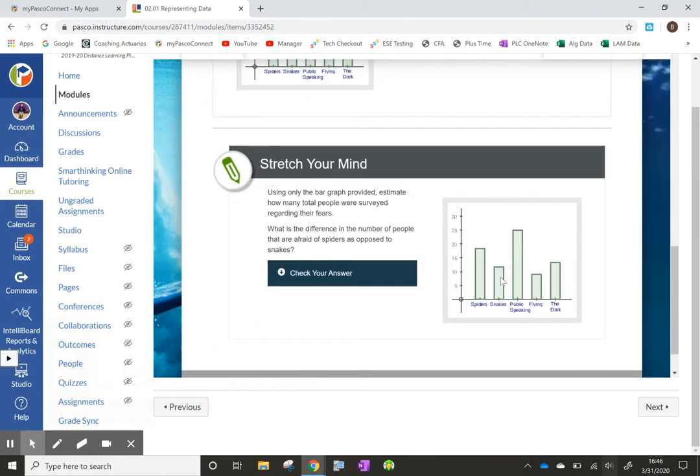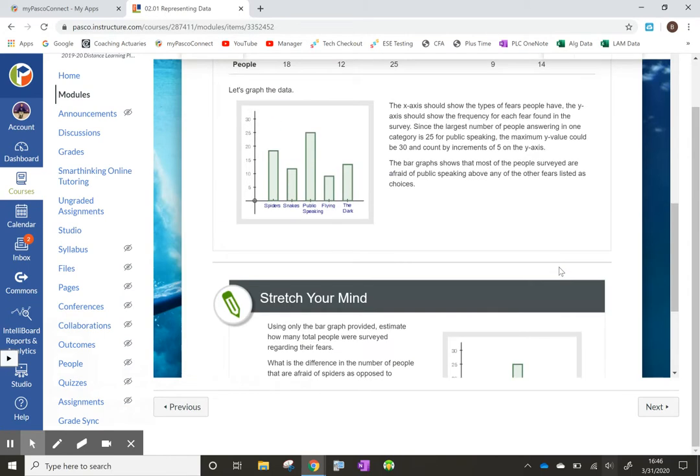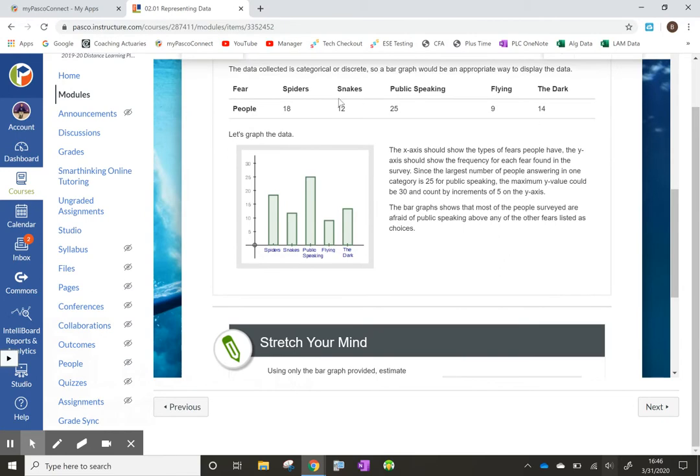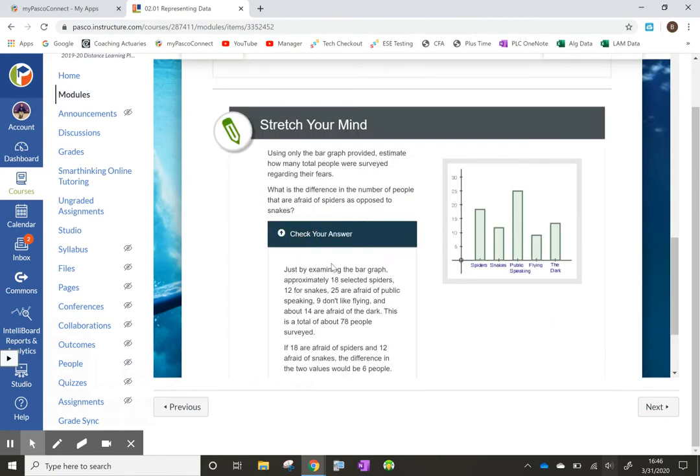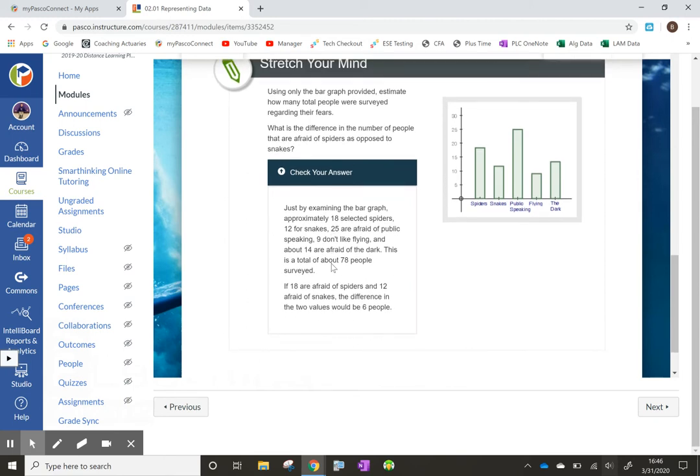You'd add that with the 12 for snakes, the 25 for public speaking, the 10 for flying, and the 15 for the dark, or the 14 for the dark. All the numbers are up here. Basically, you'd add up those numbers, you'd get your total people that were surveyed. So you add them all up and you end up with 78 people surveyed.